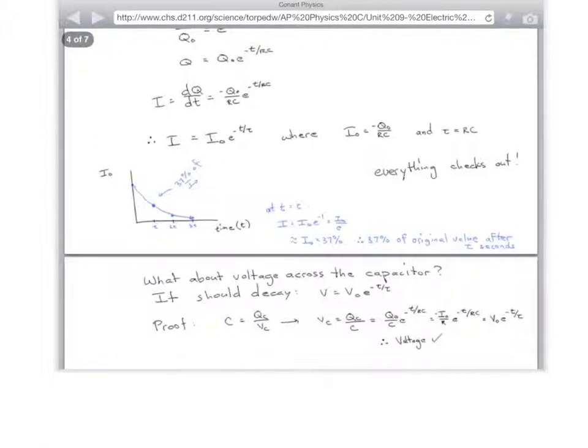So Q over RC times R is just Q over C. I just combined this equation, dividing by R, and you end up with voltage. Or you could just take your I equation, multiply by R, and it'll also give you the voltage equation. So either way.